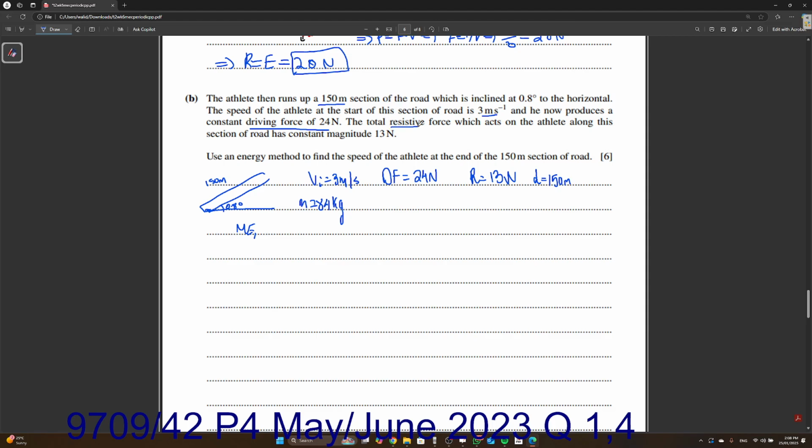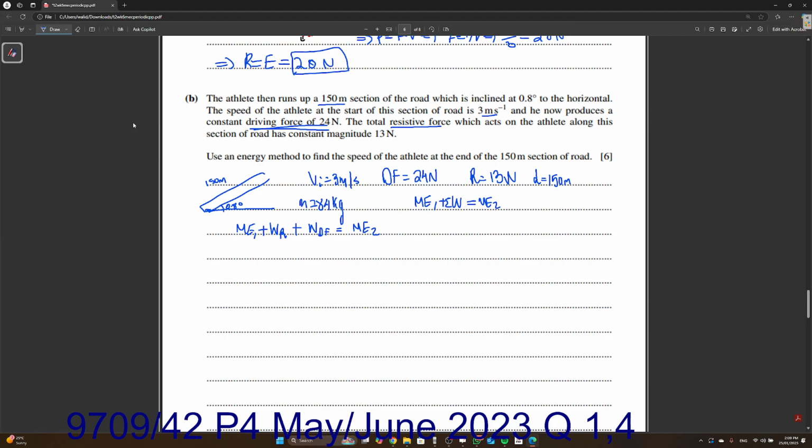We added a resistive force, and I always tell you, when you have resistive force, you have to add the work done by the resistive force. We also added the driving force, plus the work done by the driving force, is now equal to ME2. So basically, ME1 plus any other work is equal to ME2.